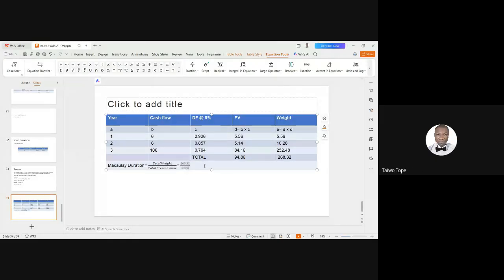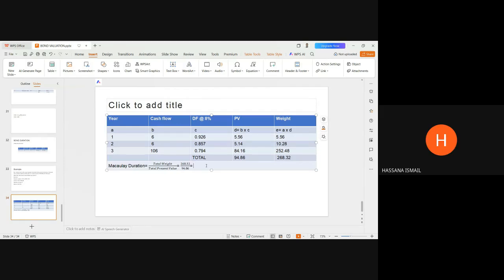So what will now be the duration? It is 2.83. This is the period it will take for the investor to recoup his investment, even before the expiry of the whole investment.